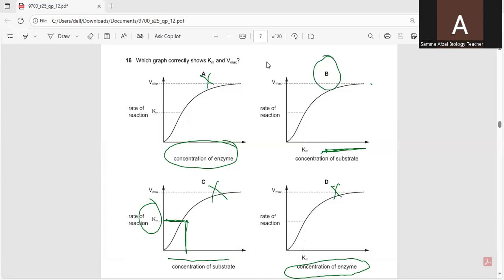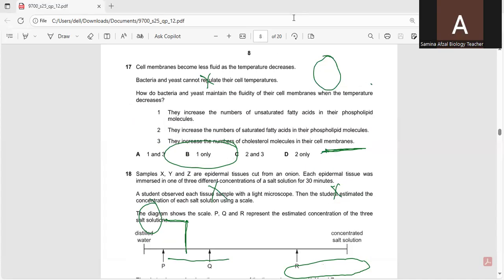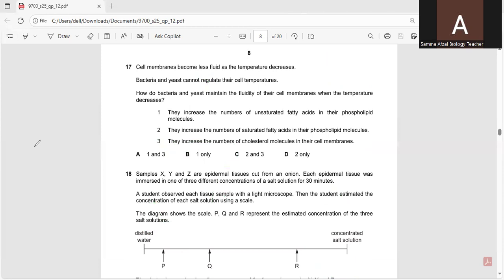Now we are moving towards question number 17. Cell membranes become less fluid as the temperature decreases. As the temperature decreases, it means it is towards the coldness.